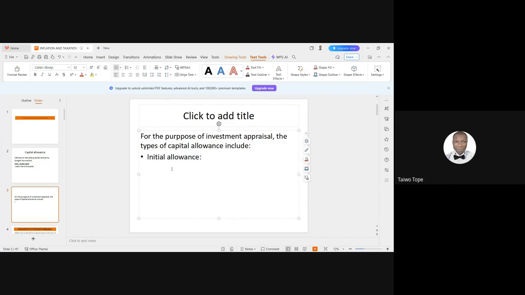When we talk about initial allowance, what are we referring to? This is an allowance that is claimable once in the lifetime of the asset.